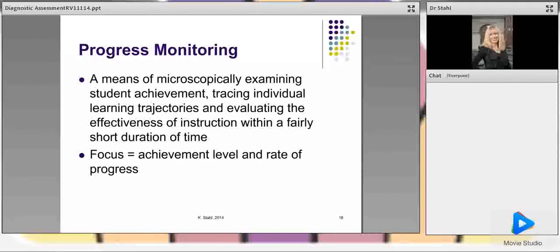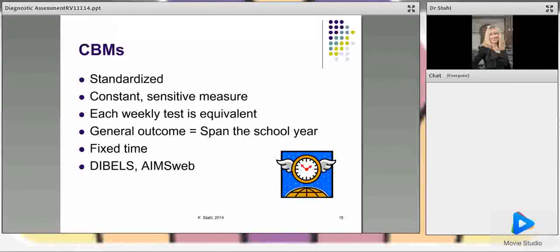We want to ensure through our diagnostic testing that we are teaching to a target, and then it will not be surprising to us when we do our progress monitoring that both that achievement level is increasing, we're getting closer to our goal, and the rate of progress is a good rate as well because we have narrowed that instruction to a target.